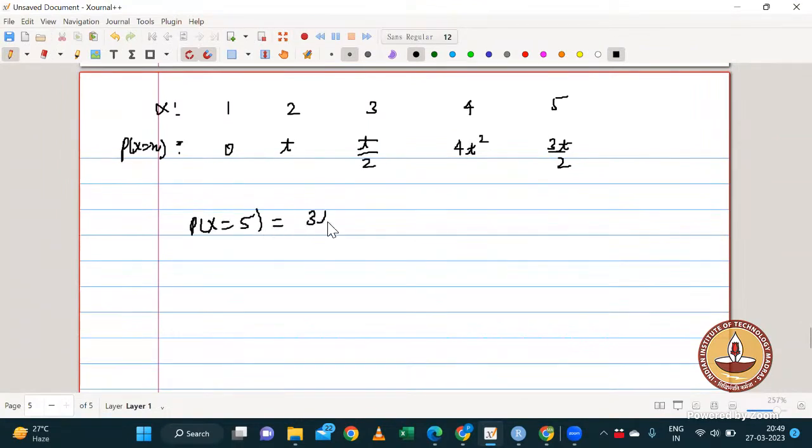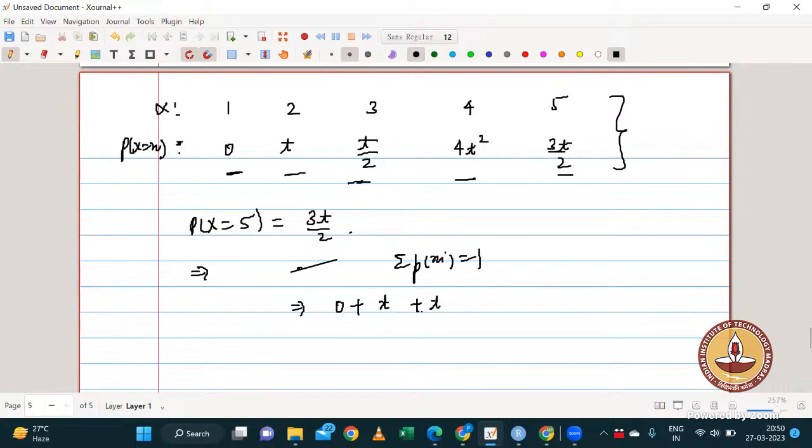So I can directly say it's 3t by 2, but I don't know the value of t here, correct? So how will I compute the value of t? I have to use the property of being a PMF: the summation of all the probabilities should be equal to 1. That means 0 plus t plus t by 2 plus 4t square plus 3t by 2 should be equal to 1.